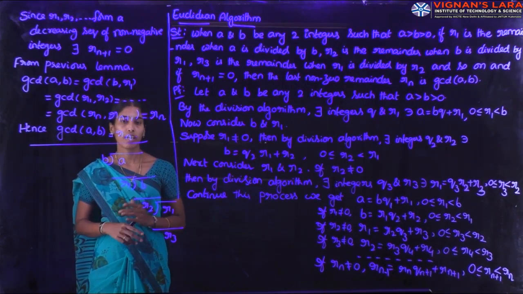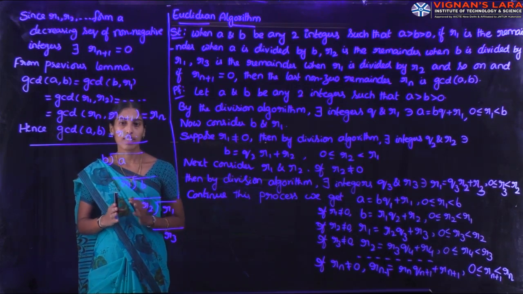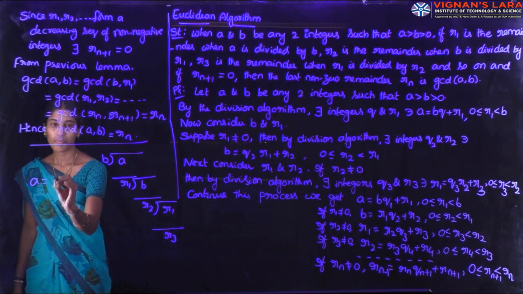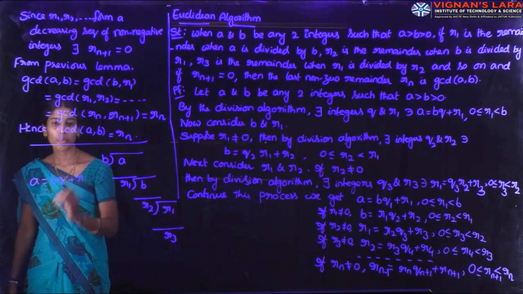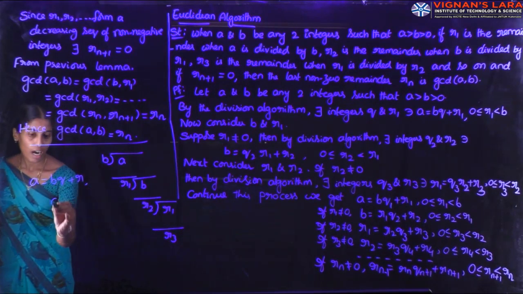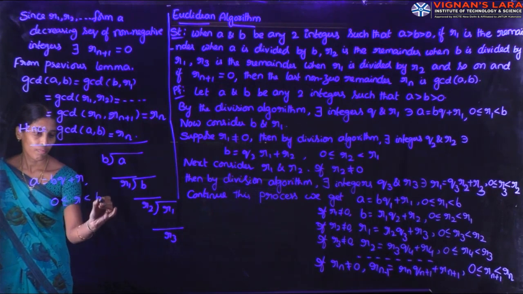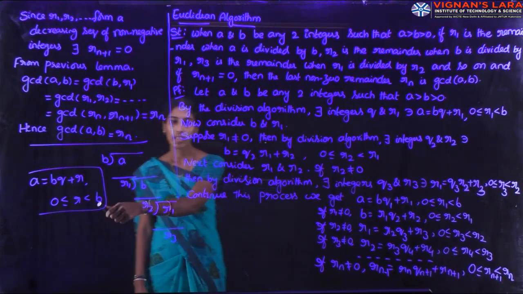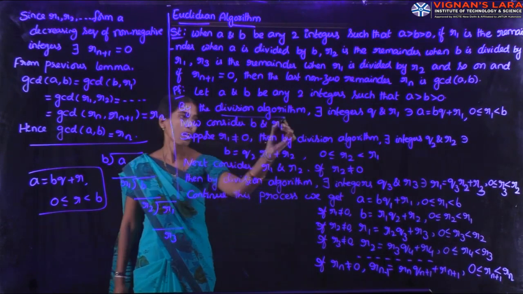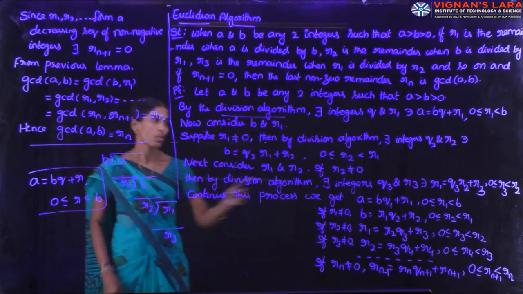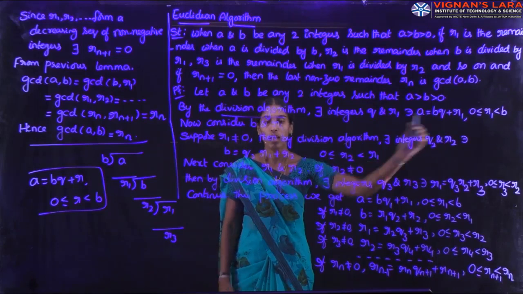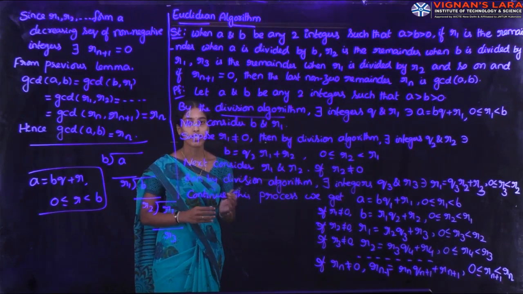In the division algorithm, whenever two non-negative integers A and B are there, A can be expressed as A is equal to BQ plus R, where the remainder R satisfies 0 less than or equal to R less than B. So by the division algorithm, there exist integers Q and R1 such that A is equal to BQ plus R1, 0 less than or equal to R1 less than B.